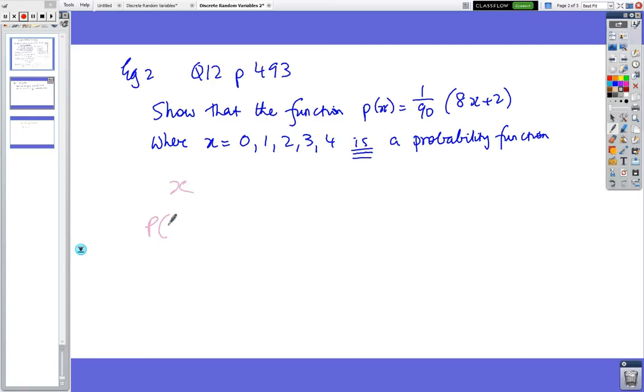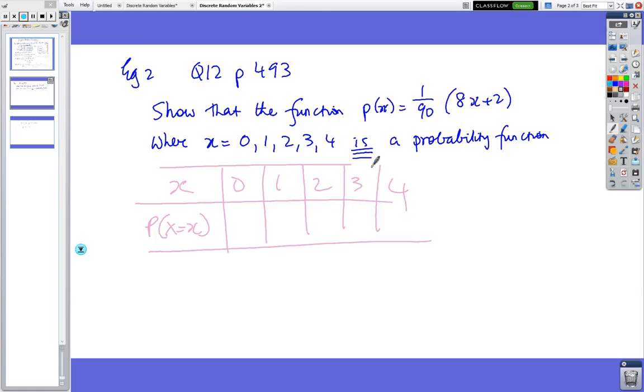So x is 0, 1, 2, 3, 4, and then we just plug the numbers into the formula. In the first one we've just got 2 over 90.